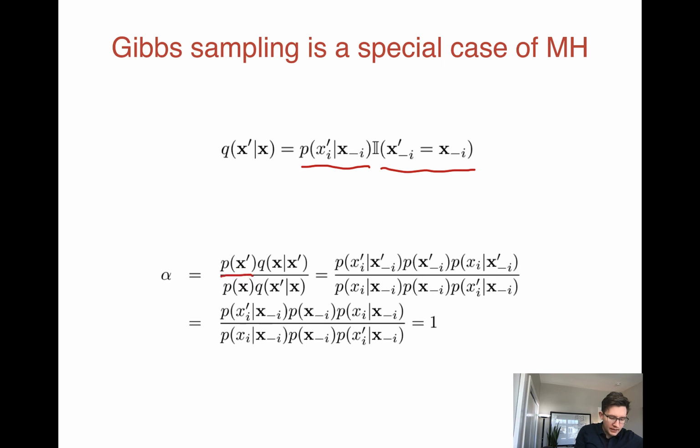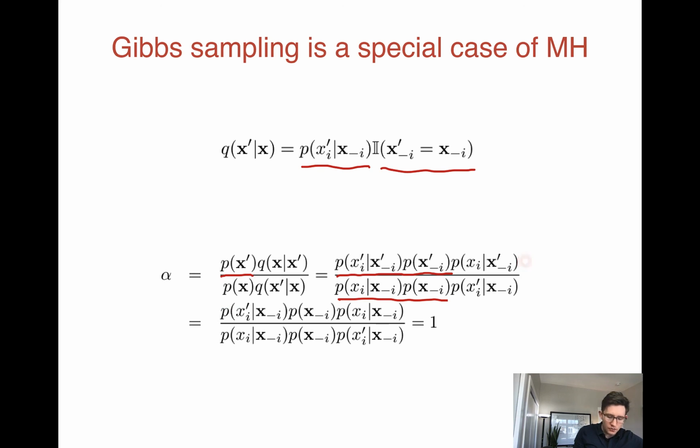Well, this thing, according to the chain rule, equals this thing, probability of xi prime given x minus i prime, times probability of x minus i prime. That's just the chain rule on xi prime. Same thing on the bottom. I'm just doing the same thing here, but for x instead of x prime.